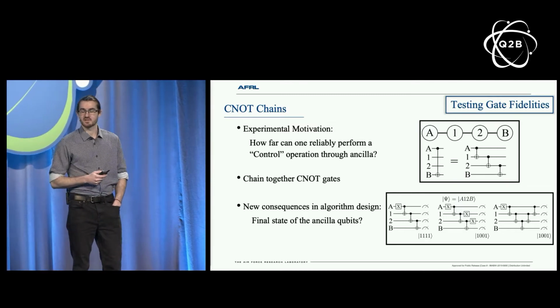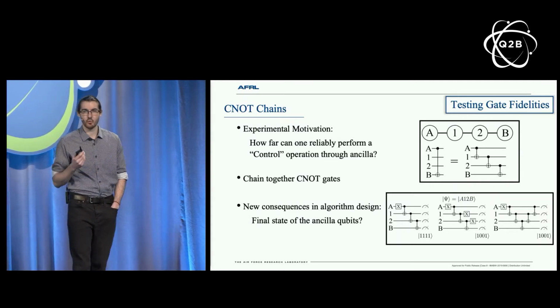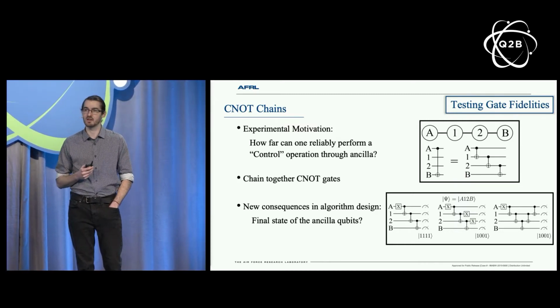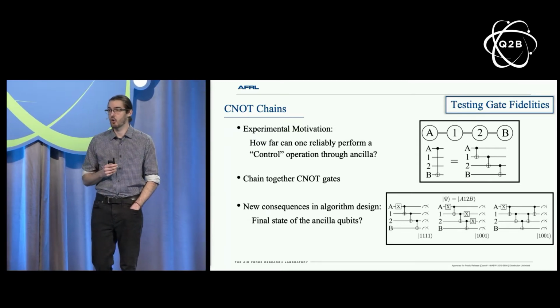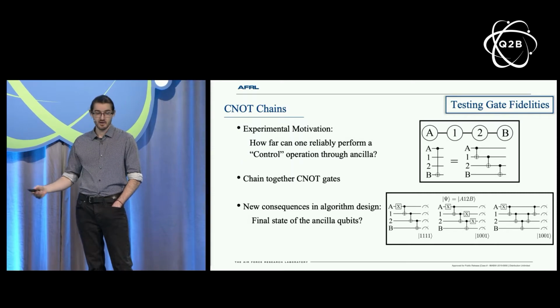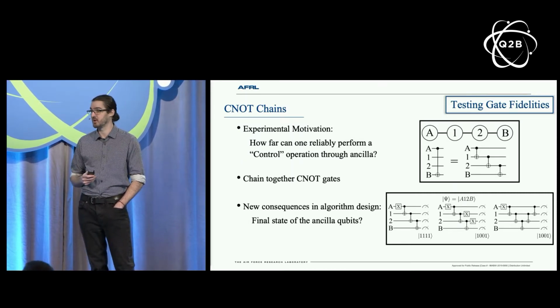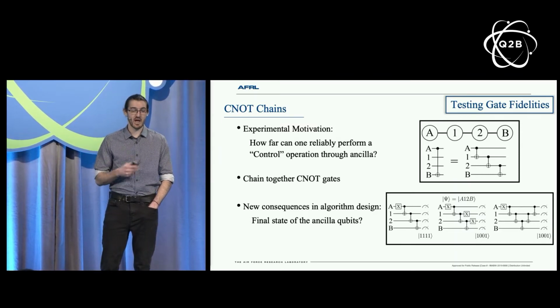But now when you have to supplement that with C naught chains, you have to introduce ancilla qubits, which have been brought up before. And the question comes down to what do I require of my ancilla qubits? Do I need them one time, in which case they're disposable in essence? Or do I need to use them multiple times throughout an experiment, which is more likely? So in the latter case, when you need to recycle ancilla qubits because you need to run them through multiple C naught chains, now you have choices.